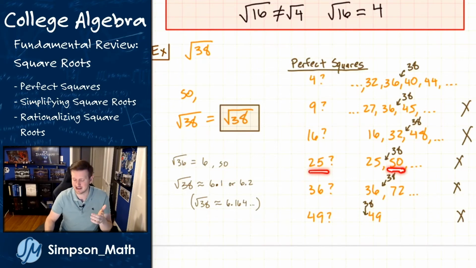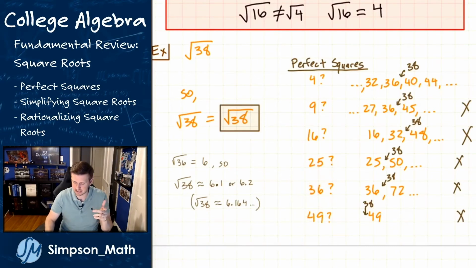So because of that, I know that 25 does not go into 38. Also, I know that multiples of 25 are really easy to find: 25, 50, 75, 100. It's not 38. So since 25 doesn't work, 25 is too big, I don't have to look at any of the others.